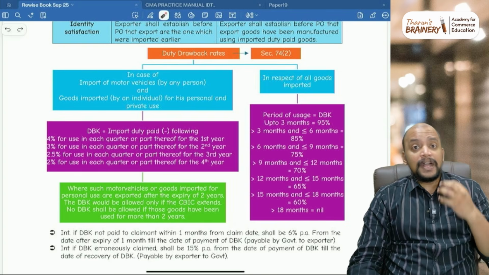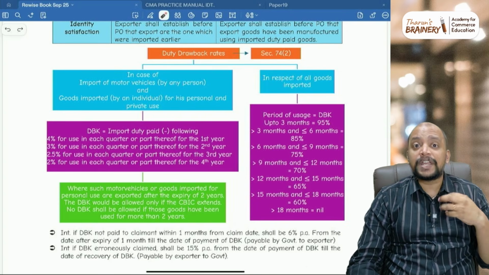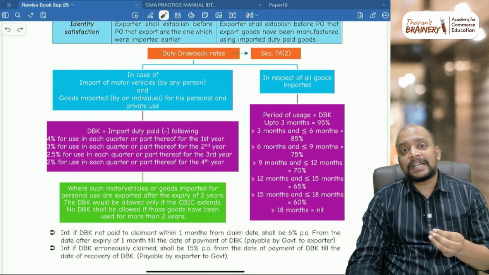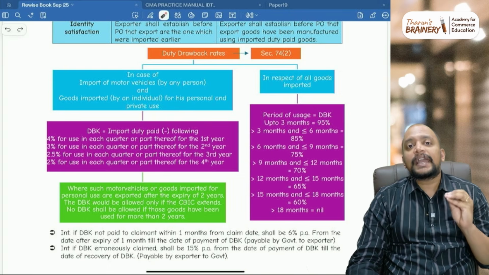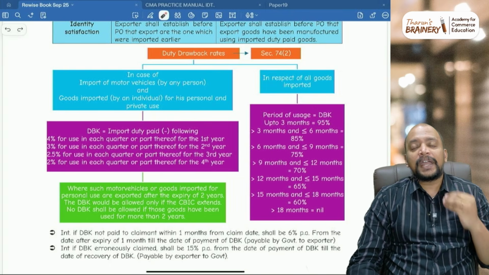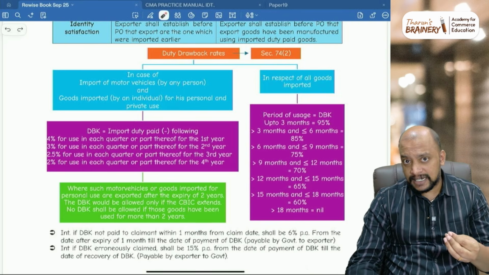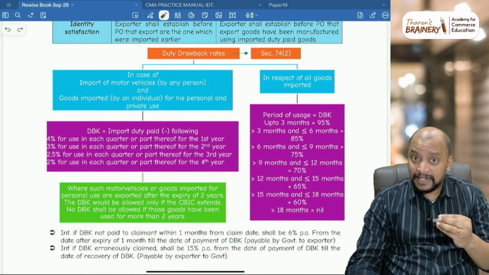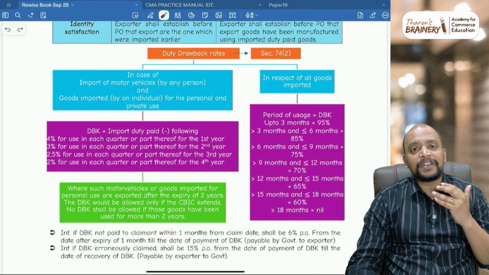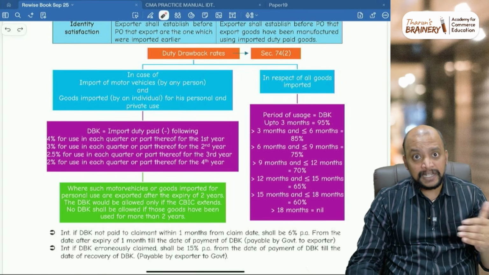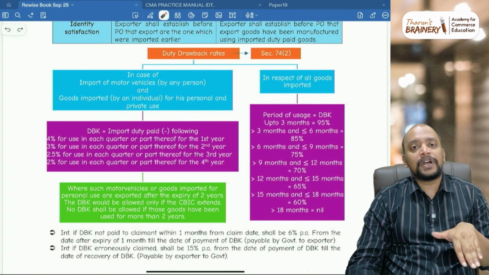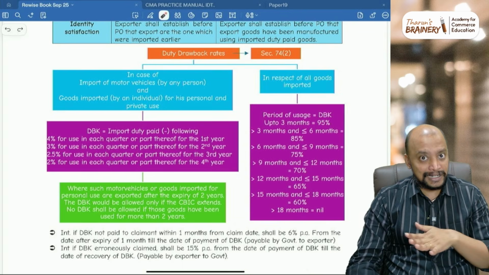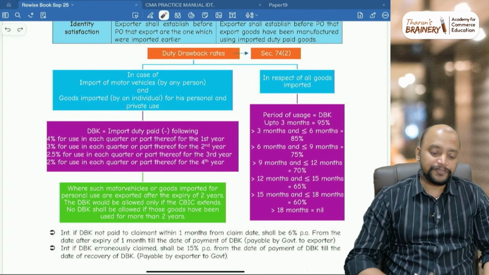What is that? 100% of customs duty paid on import minus a kind of depreciation: minus 4% for every quarter or part thereof in the first year, 3% for every quarter or part thereof in the second year, 2.5% for every quarter or part thereof in the third year, and 2% for every quarter or part thereof in the fourth year. Like that we need to reduce.